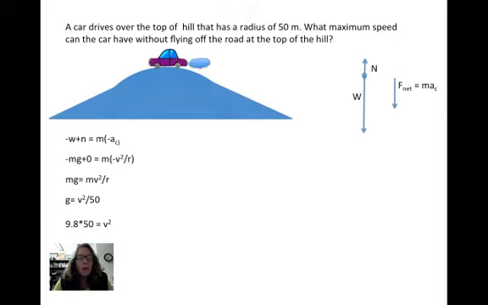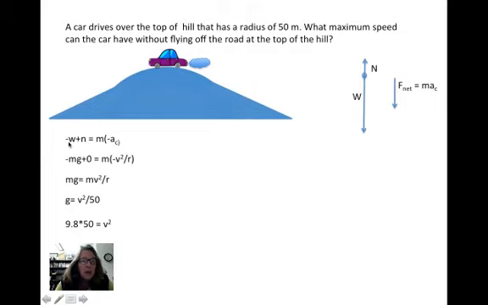Now there's a point in time where the car starts flying off the road, and we want to know just when that's going to happen. The normal force goes to zero when it starts to fly, because there's nothing pushing against it.